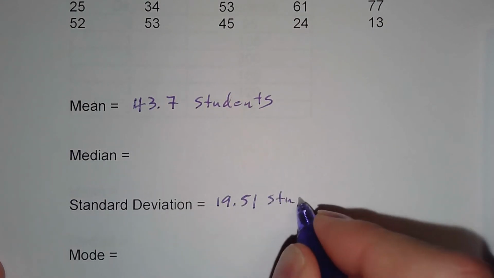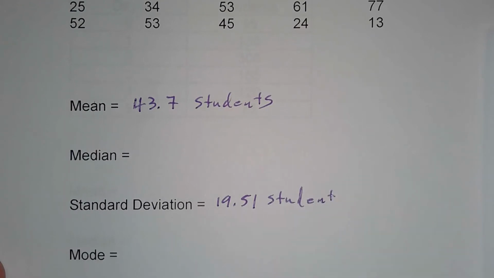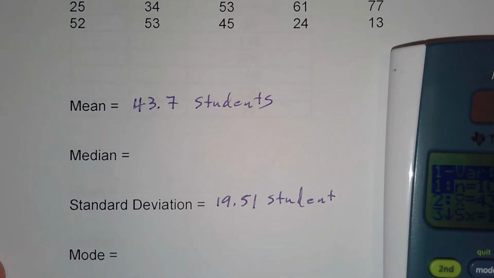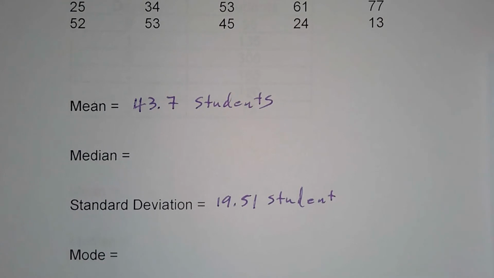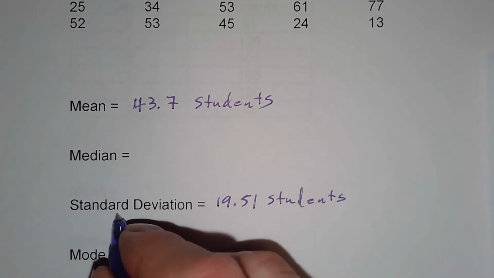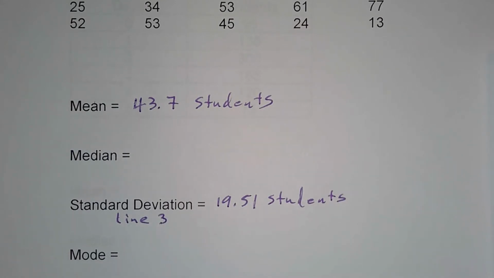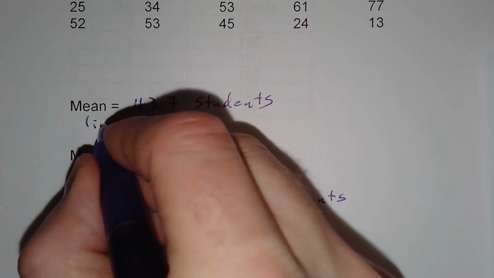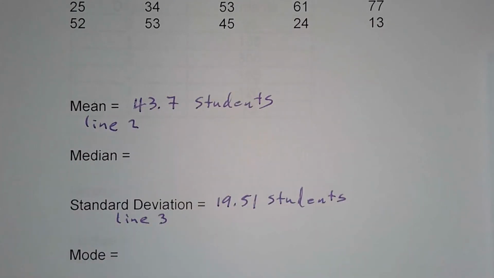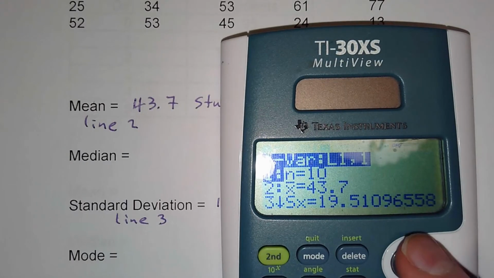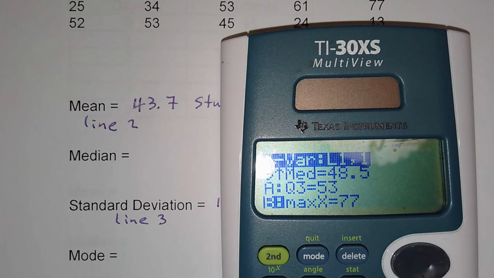So even though when we did this before we went with line 4, which was the 18.5, we're now going to just follow the book, and so we're going to use line 3 here. And this was line 2. Hit my up arrow, my median is 48.5.